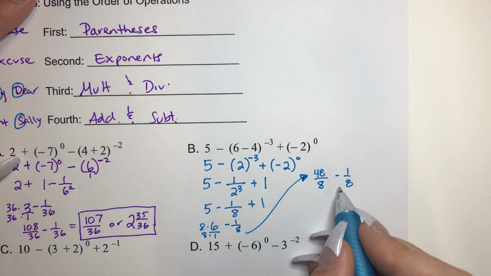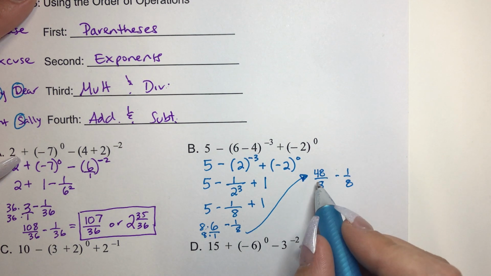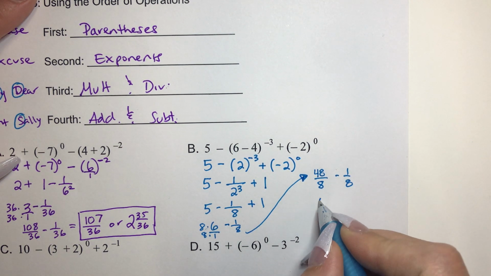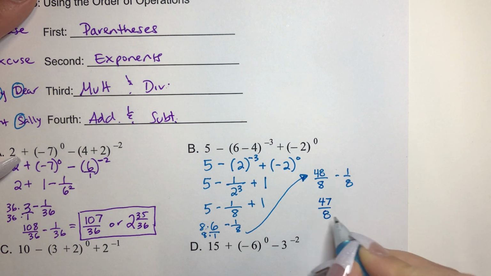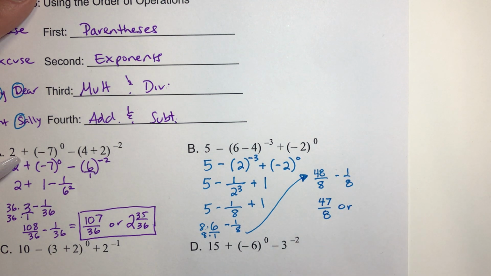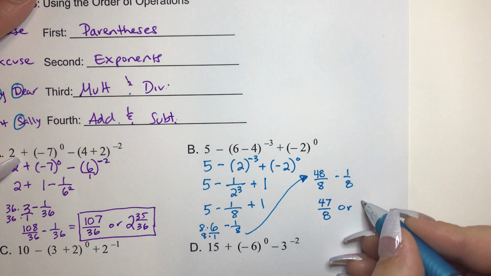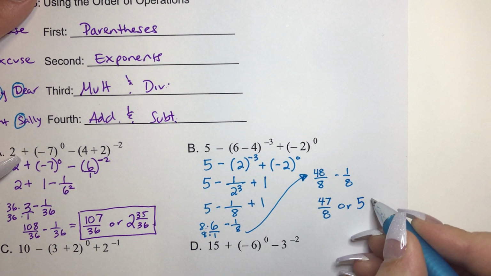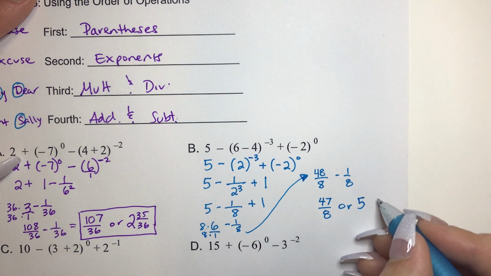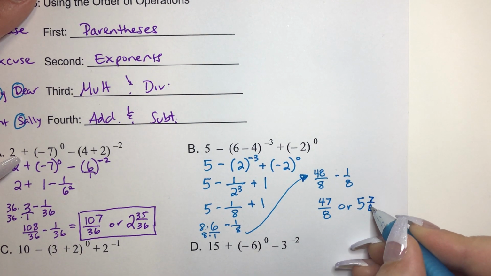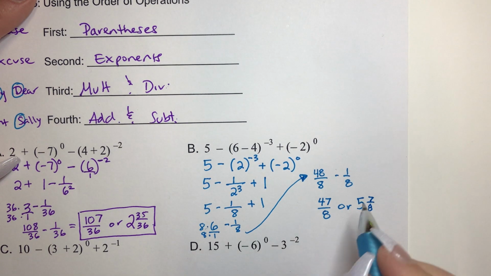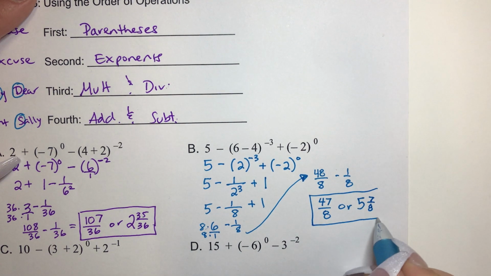And now that we have a common denominator, we just subtract the numbers on top. 48 minus 1 is 47/8, or 8 goes in there 5 times, because 5 times 8 is 40, and then there'd be 7 left over, 7/8. All right, so there is our answer.